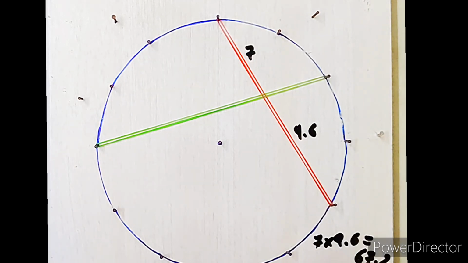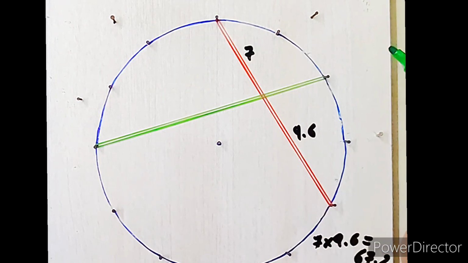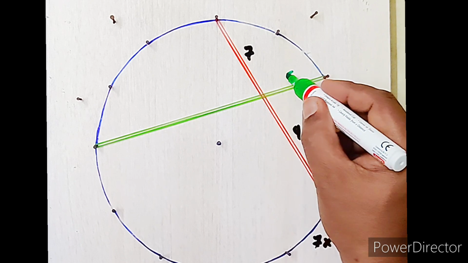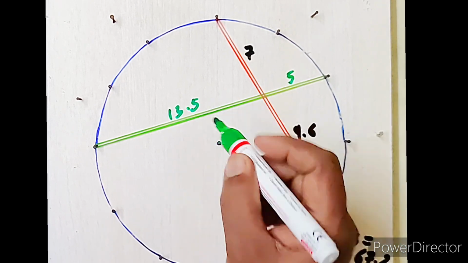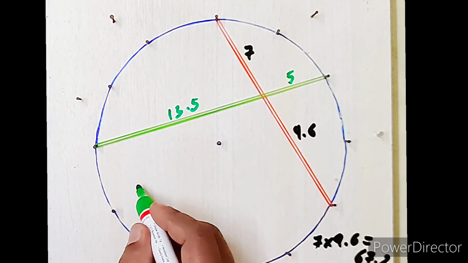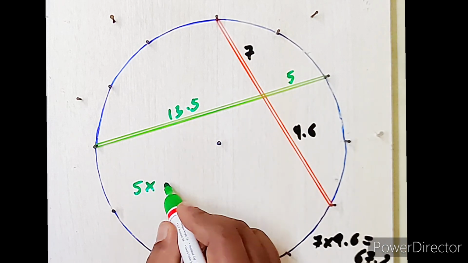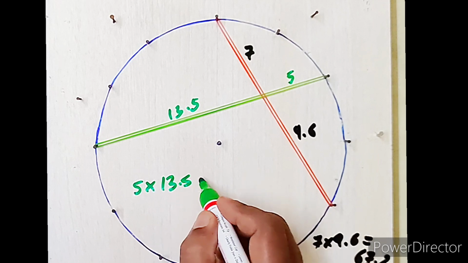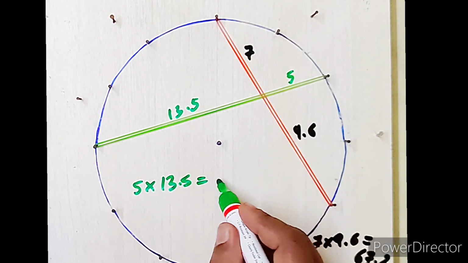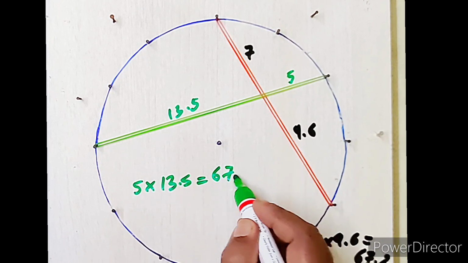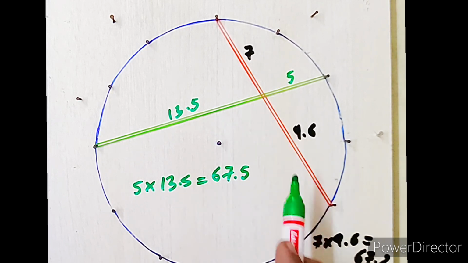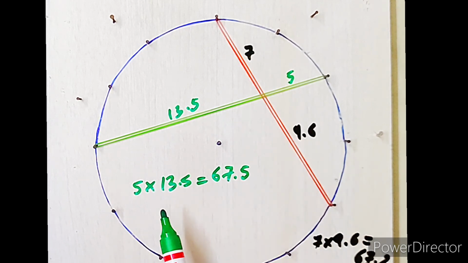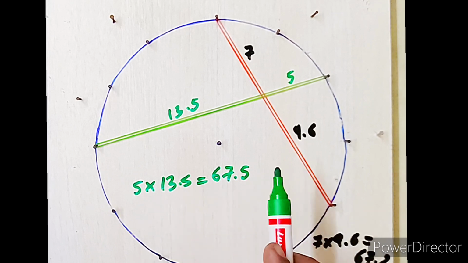If I write this one as 5 and this one as 13.5 and multiply this, 5 into 13.5 will give me here 67.5. So with an experimental error, you can see the product of the two segments here giving me 67.2 and here giving me 67.5. So nearly they have come as equal.